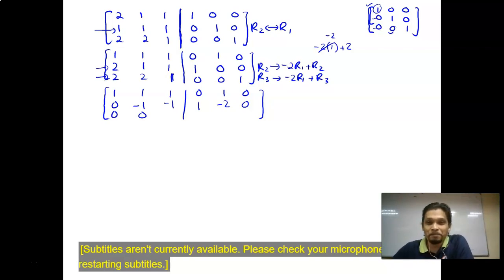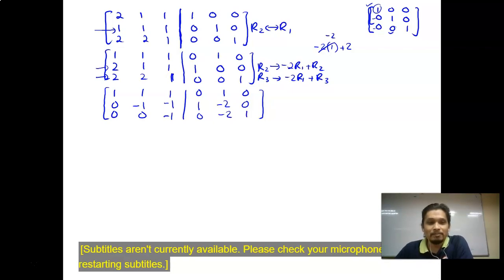Okay, so then negative 2 times R1, negative 2 times 1 equal to negative 2. Negative 2 plus 1 equal to negative 1. Negative 2 times R1, 0 plus 0 equal to 0. Negative 2 times 1, negative 2 plus 0, negative 2. And negative 2 times 0, 0 plus 1 equal to 1.